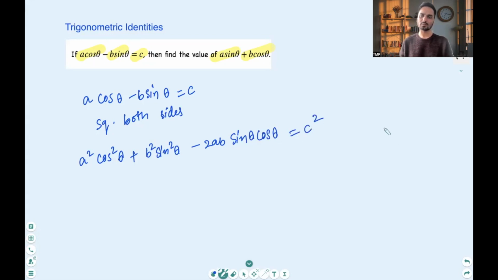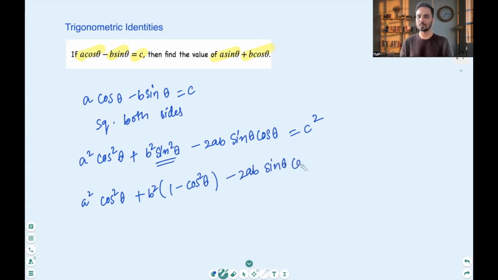And we know that sine square theta plus cos square theta equals 1. So we can replace sine square theta with 1 minus cos square. So we'll have a square cos square theta plus b square times 1 minus cos square theta minus 2ab sine theta cos theta equals c square.